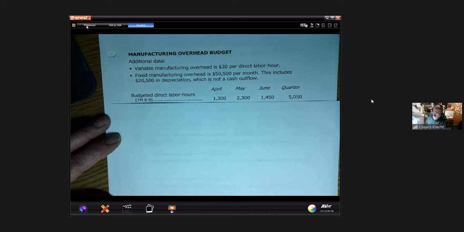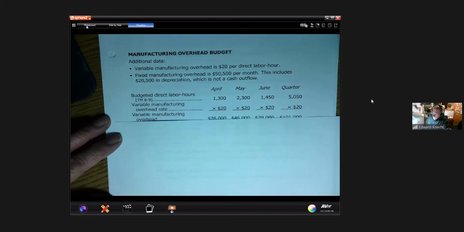All right. So we have budgeted direct labor hours for each month and for the quarter. The variable manufacturing overhead rate is $20. We're applying $20 for each direct labor hour, so our variable manufacturing overhead costs are calculated. Our fixed manufacturing overhead is fixed. It doesn't matter how many units you're producing.